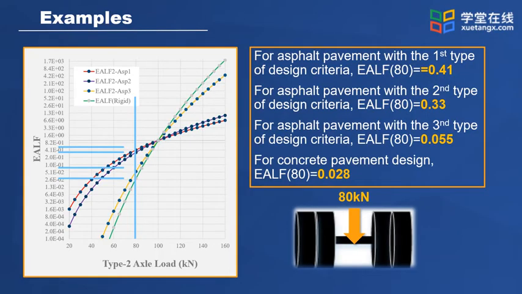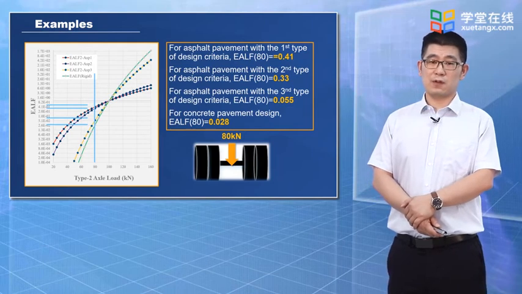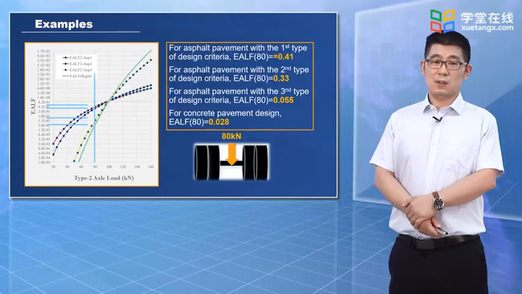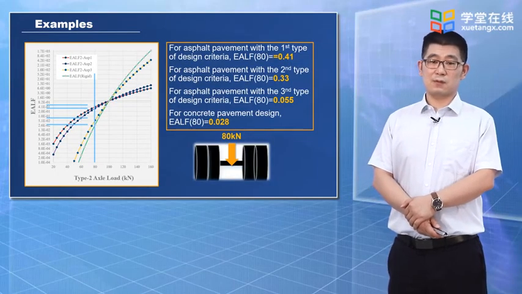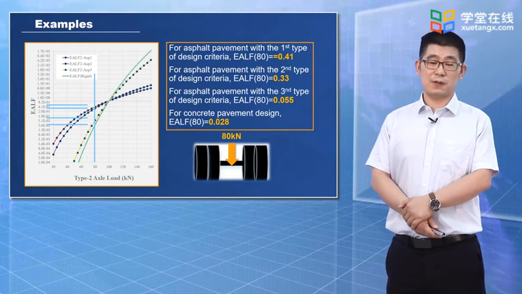For a type 2 axle of 80 kilonewton, from this figure, ELF is 0.41, 0.33, 0.055, and 0.028 for different pavement conditions. It is obvious that the damaging ability of the axles is different for different pavement design indicators.